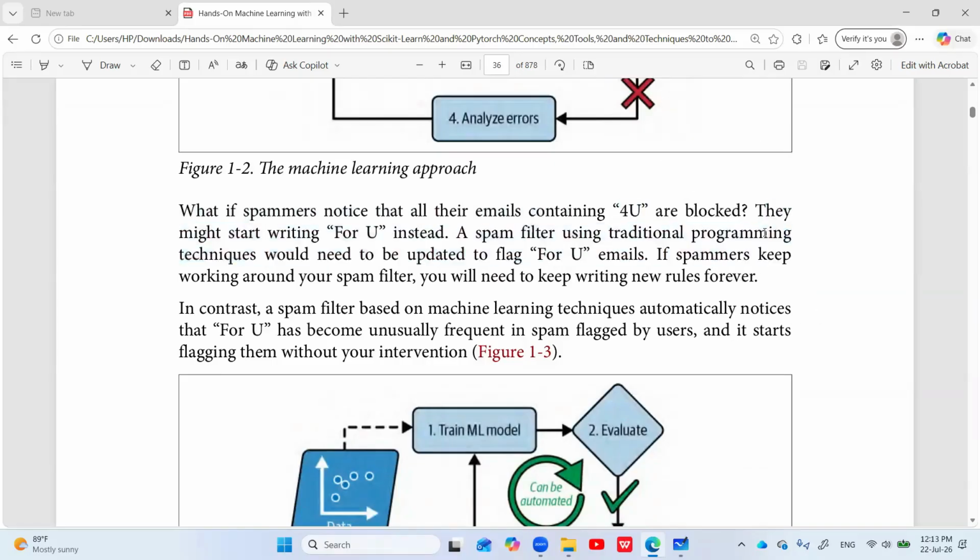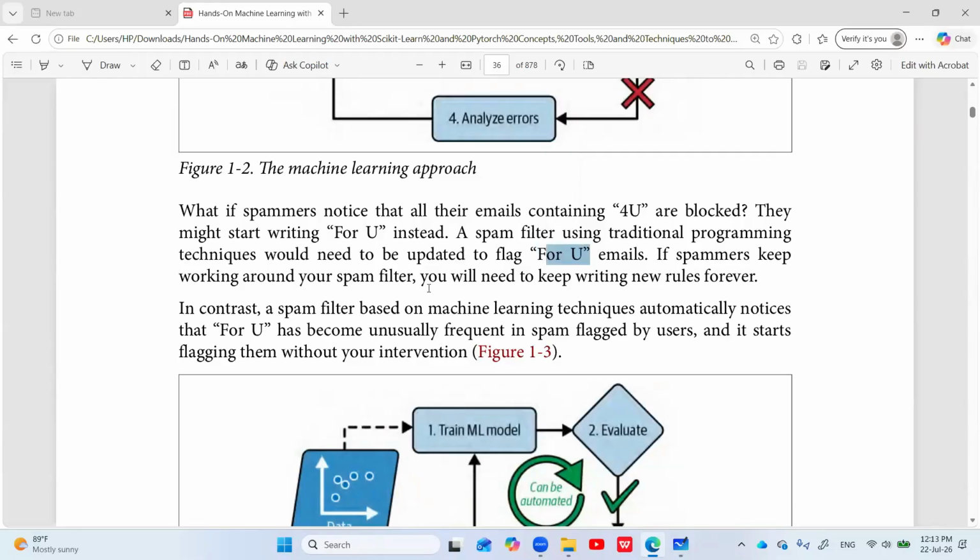Then the spammers will start writing, instead of this "for you", the way I told, they will use the words "for" and "you" separately. Now what do you want to do? A spam filter using a traditional programming technique would need to be updated to flag "for u". Now you want to make the rule, and update the rule for this as well.